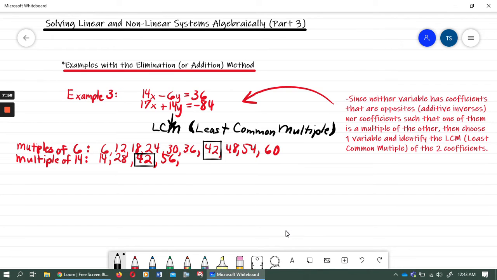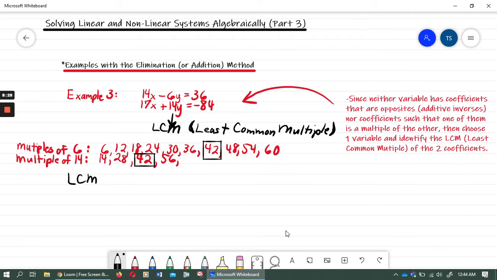Okay, so we have just listed out the multiples of those two coefficients, and we are identifying the least common multiple of those two coefficients. The least common multiple for 6 and 14 is 42. So this is the first thing that you'll do for an example like this.